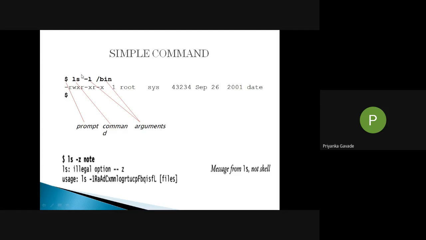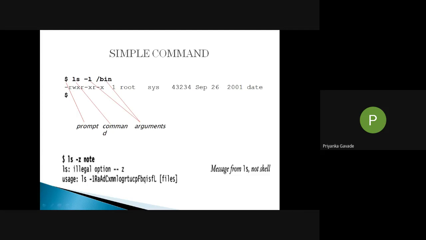For example, if I have a command like ls minus l minus a and minus t, then I have multiple options L, A and T. I can eliminate putting minus each time and simply write it as ls minus L, A and T. Are you understanding? So it means that Unix permits me to combine multiple options together, right?